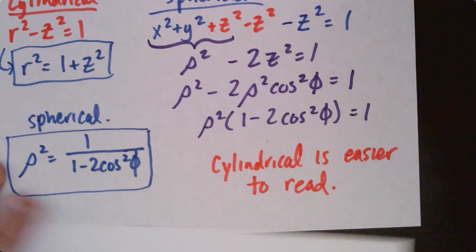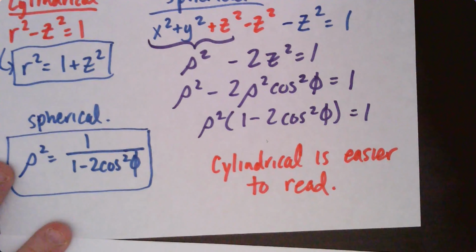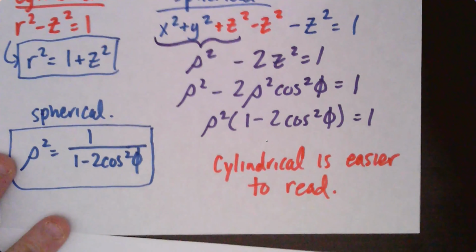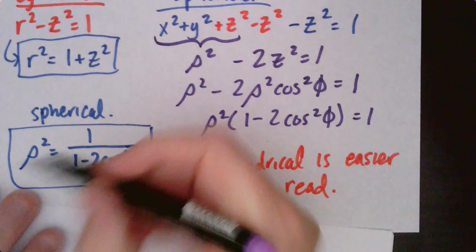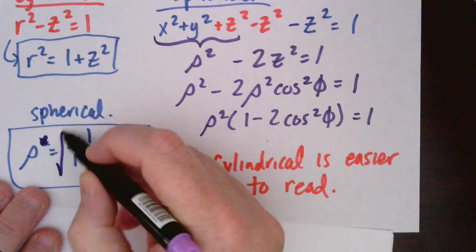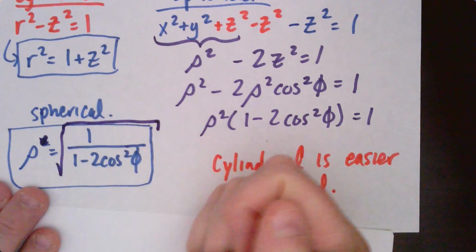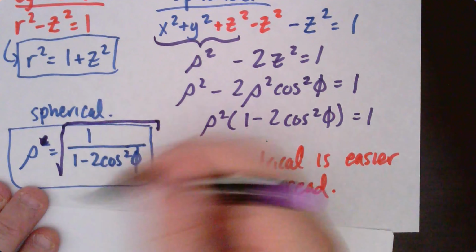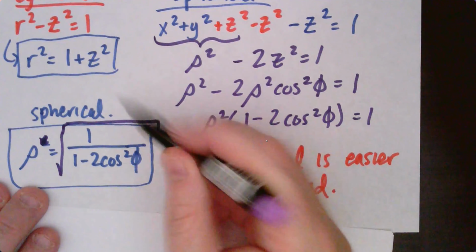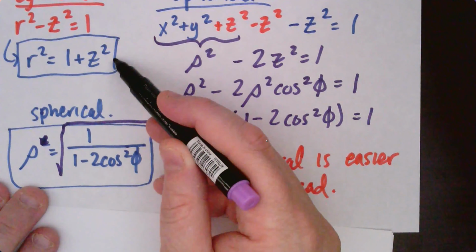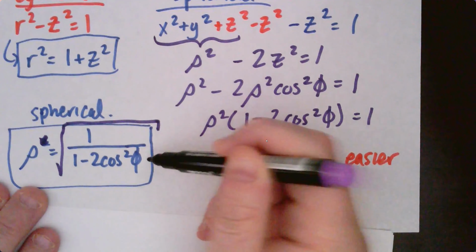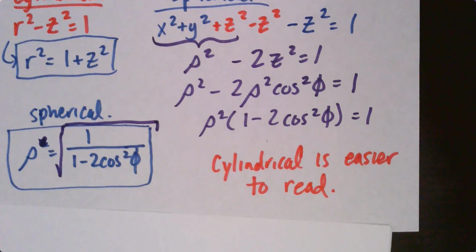I could write rho equals, in fact, let's do it. Let's get rid of the square by taking the square root. But this is meaningless to me. I can picture kind of what's going on in the cylindrical version, where I can't here. So I think here cylindrical is a little bit easier to read.